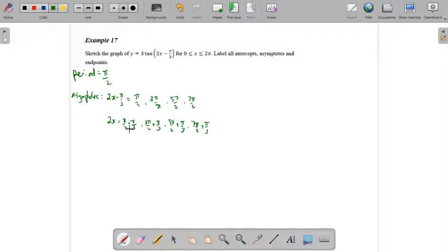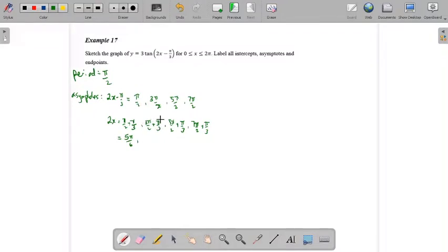Of course, if you're in the non-calculator section of a test, then you need to be able to do it without a calculator, and you should be able to do it without a calculator. That will become 3 pi over 6 plus 2 pi over 6, so that's 5 pi over 6.